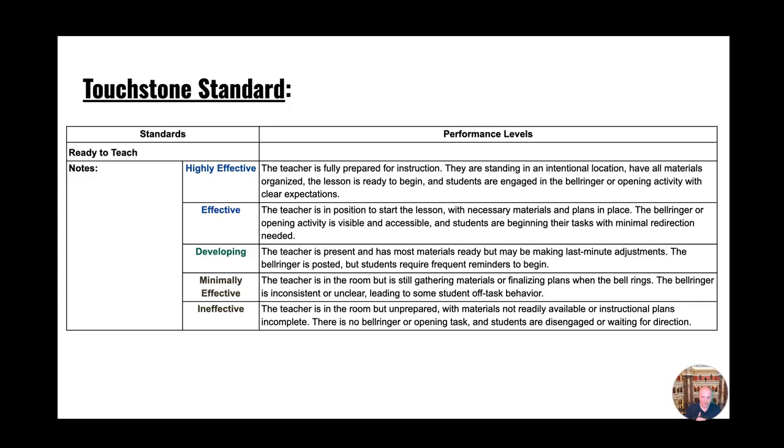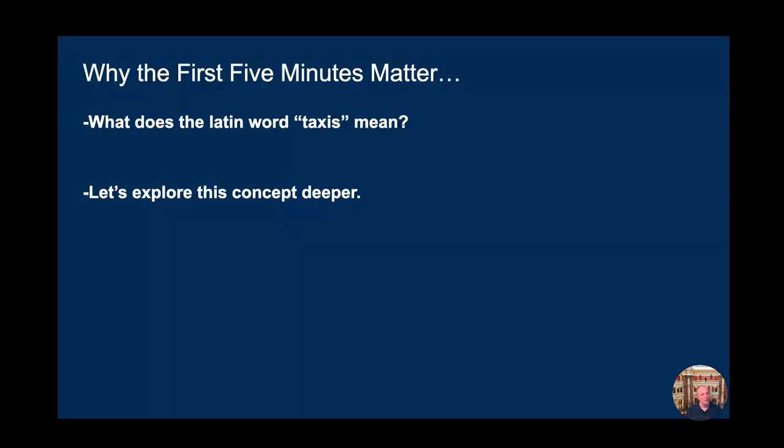Again, one more time for the folks in the back. Clear expectations. They know what they need to do, and they're going to do it. So, that's what a highly effective teacher looks like. You have your materials ready to go. You can start teaching at the drop of a hat. You're like, let's go. That's what we're aiming for. Let's move on from the Touchstone Standard.